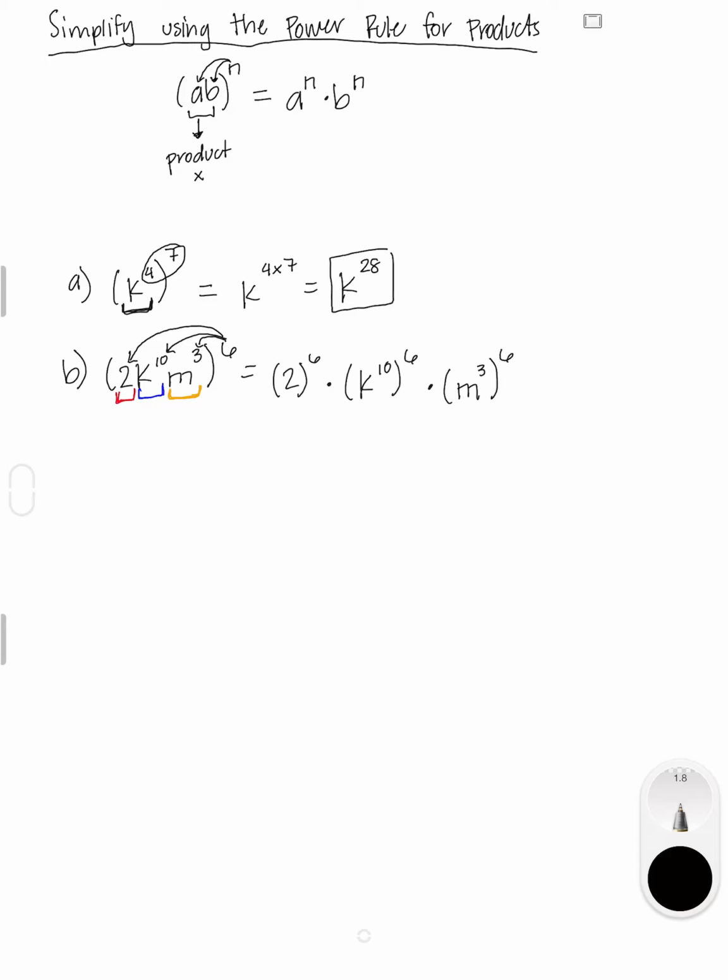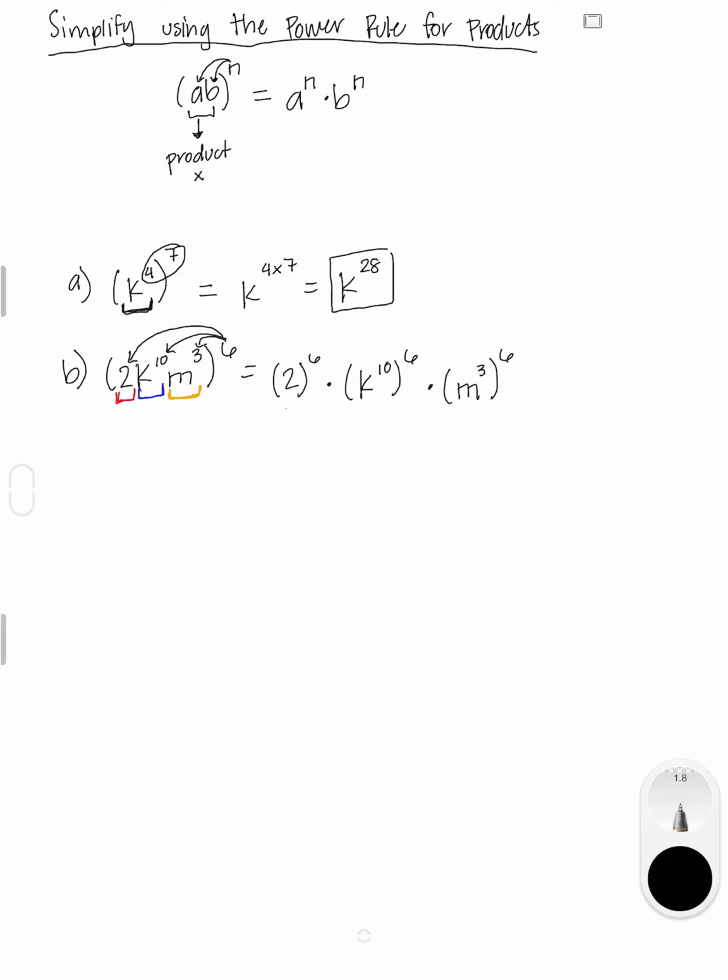Basically, I separated all of them. They're still multiplying, but now we see that the exponent 6 is being applied to each one individually. So it's more visually appealing to us to notice that they are separated.